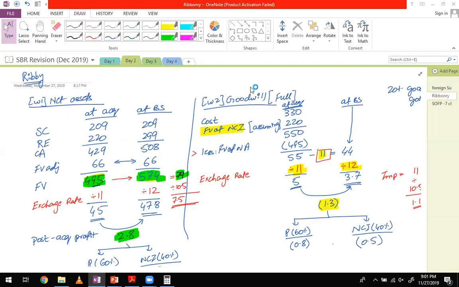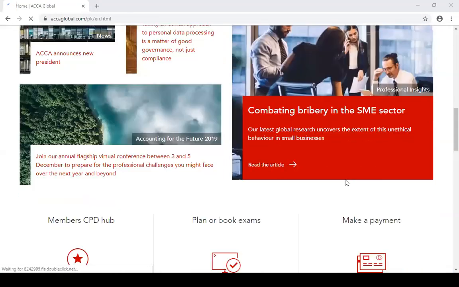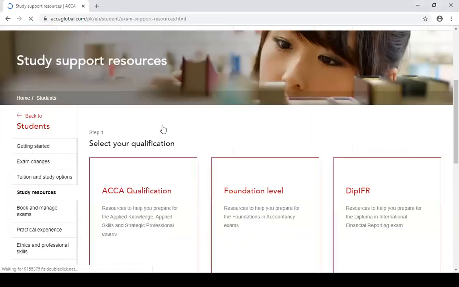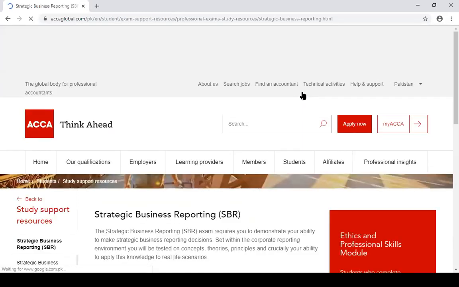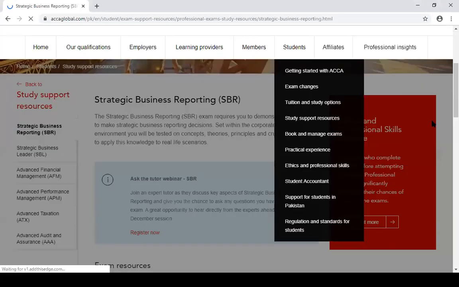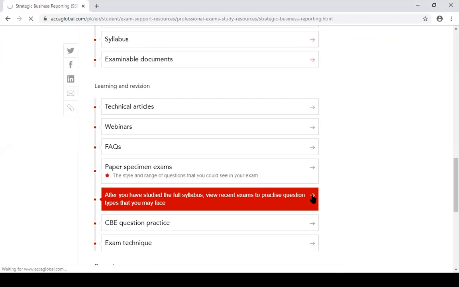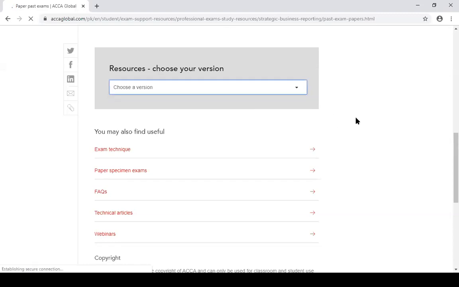So if I simply open accglobal.com and I go to the end, I can simply go to the past papers and go to the ACCA qualification, SBR, then we can simply go to the past exam papers and select the international variant because that is what we are discussing.